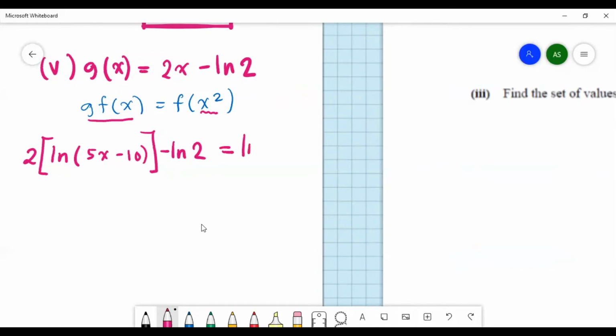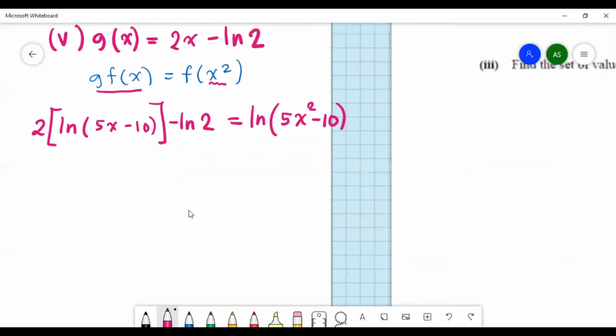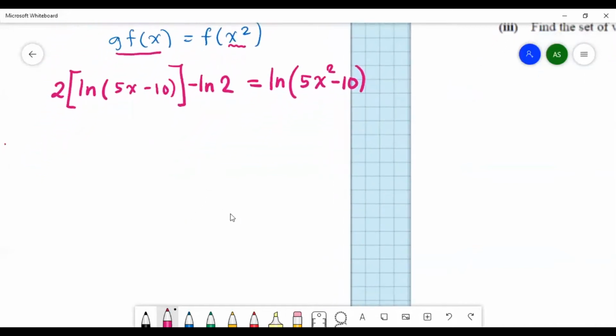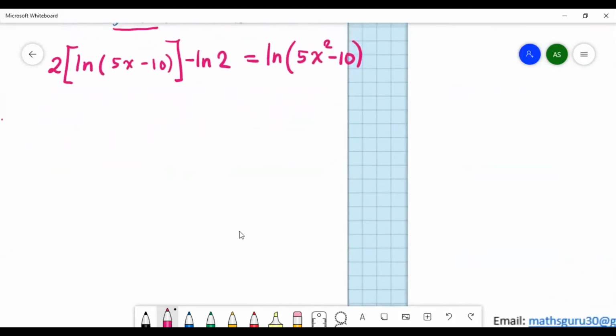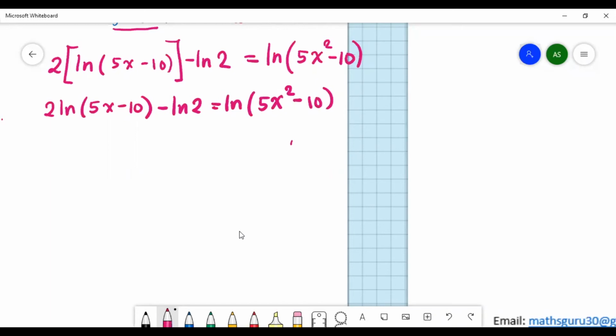So that will give us ln of 5, and instead of x, we're going to replace this by x squared minus 10. Understand? So simplify the whole expression. This will give us 2 ln of 5x minus 10 minus ln 2 is equal to ln of 5x squared minus 10.